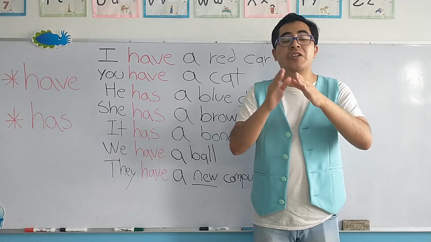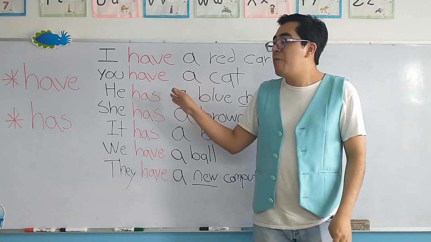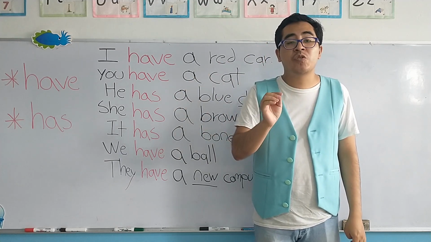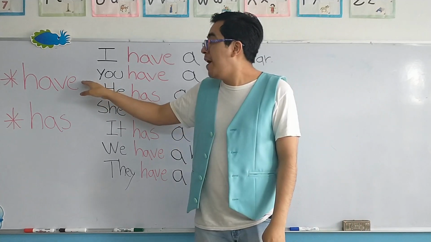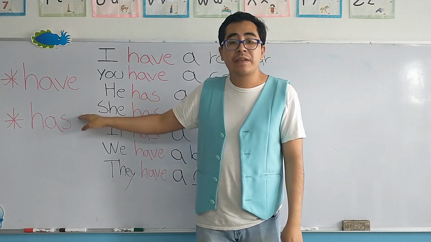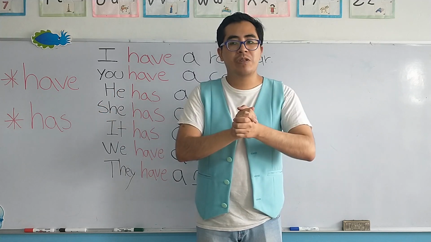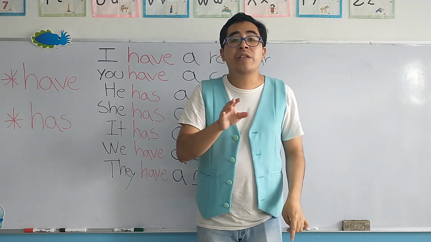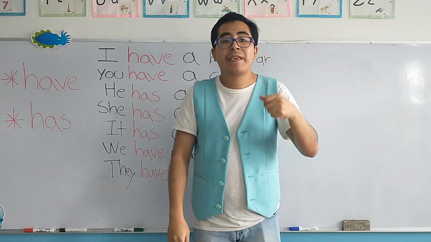Have in Spanish, tener. Now, as you can see here, we have two forms of using have. Tenemos dos formas de utilizar el verbo have. Have and has. Y teachercito Jacob, ¿en dónde vamos a utilizar have o has? Has, it's only used for he, she, and it.